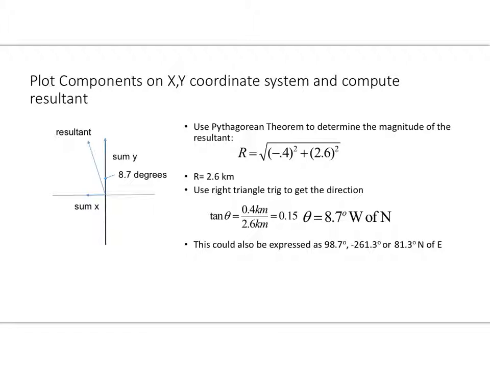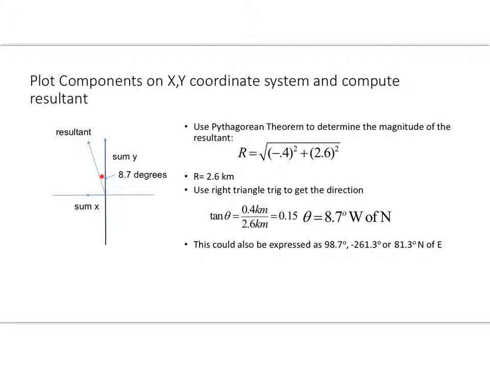So that's 0.4 kilometers, and I'm not going to use the sign here because I'm going to make it relative to this diagram. So it's 0.4 kilometers divided by the adjacent side, which is the sum of the y's. That's 2.6 kilometers. So I work through that, and I get 0.15 as the result. Then I do an inverse tan to get my angle, and I get 8.7 degrees.